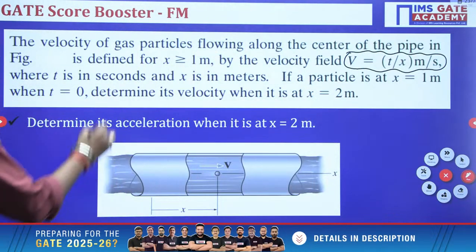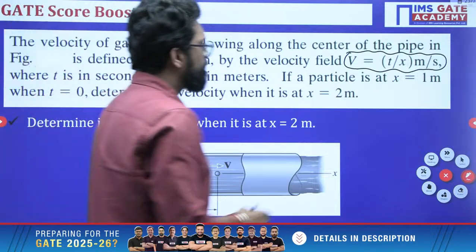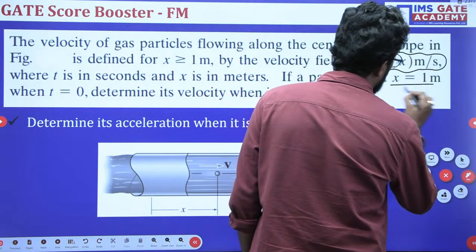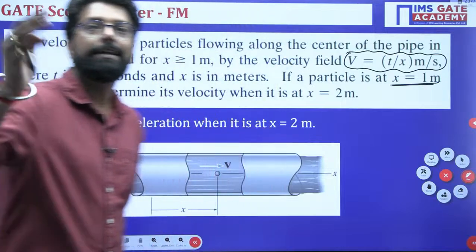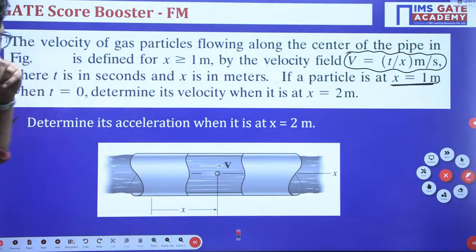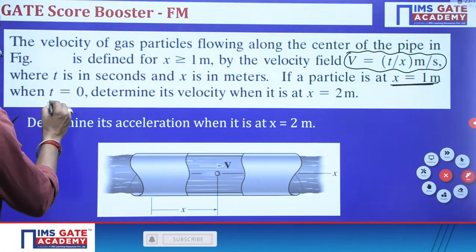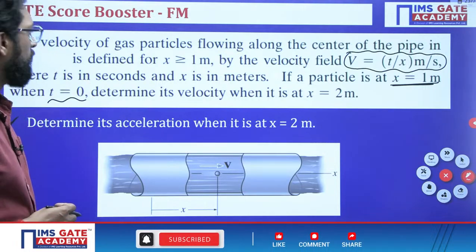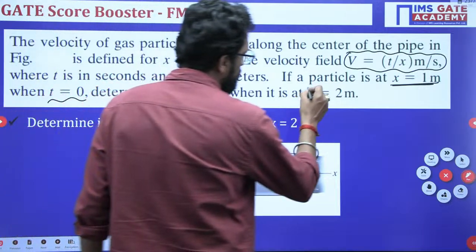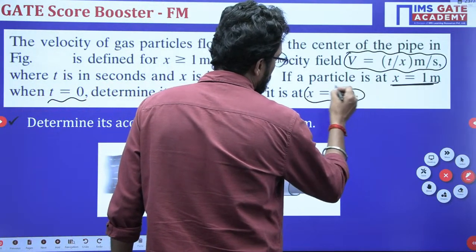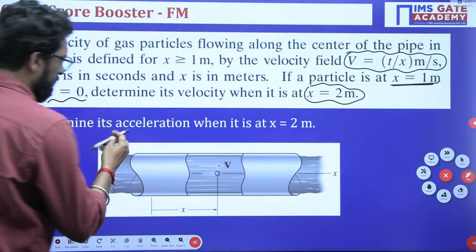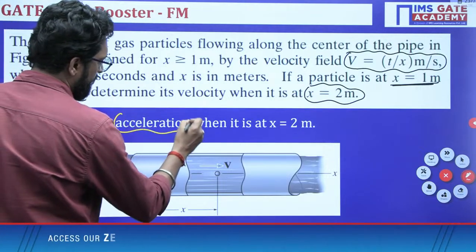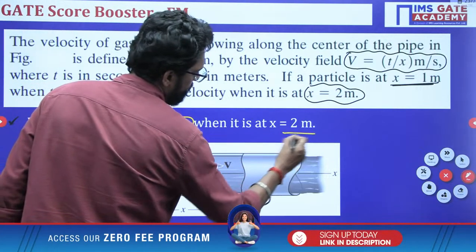Where t is in seconds and x in meters. When the particle position is at x equal to 1 meter, we start the counting of time, time equal to 0. Determine the velocity at x equal to 2 meter and the acceleration of the particle at x equal to 2 meter.